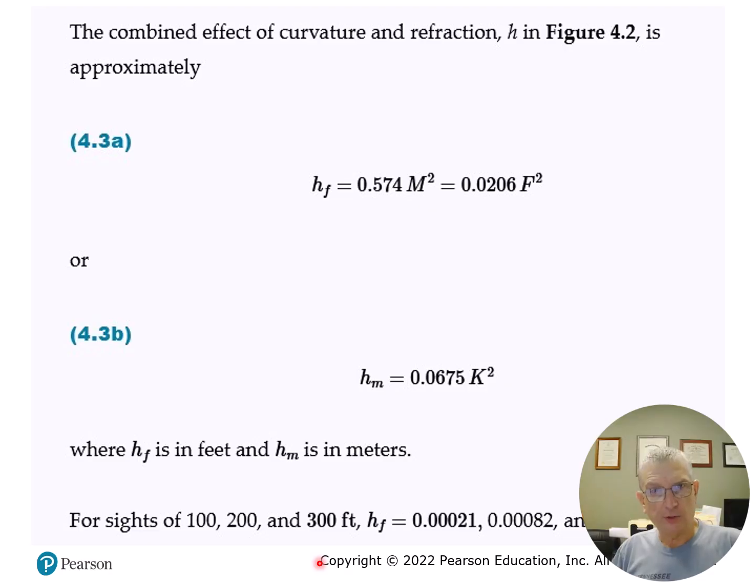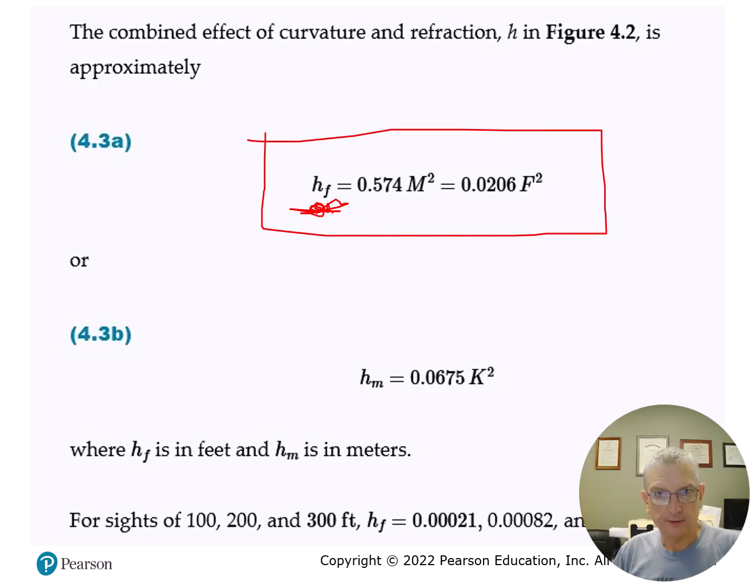They have computed all these things and got the square root of the sigma and the theta and all of these different values, and the formula for the correction in height due to curvature and refraction is formula 4.3a, which is this one right here.